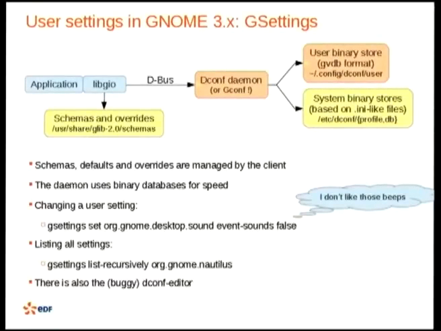So GSettings works entirely differently. The settings are managed directly by the GIO library, which will manage in itself the schemas and overrides. So basically you can already see the default settings without a daemon.